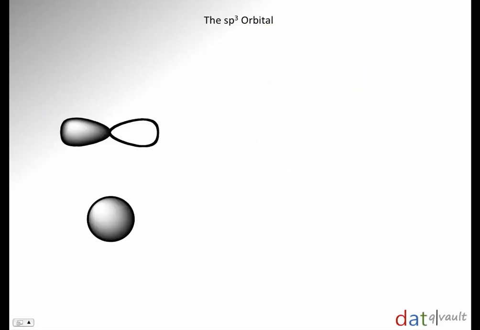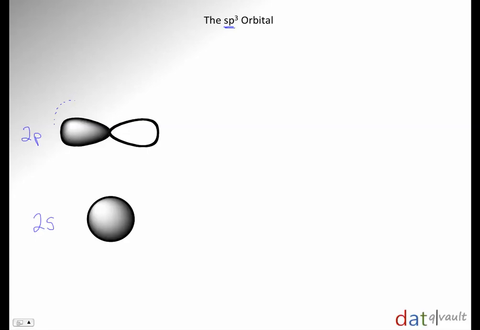Alright, now we need to know what exactly these sp3 orbitals look like and why they give us the tetrahedral shape that we see in methane. So here we have the 2s orbital, and then here we have one of the 2p orbitals. As I stated before, to get our sp3 hybridized orbital, we're going to combine this s orbital and one of these 2p orbitals.